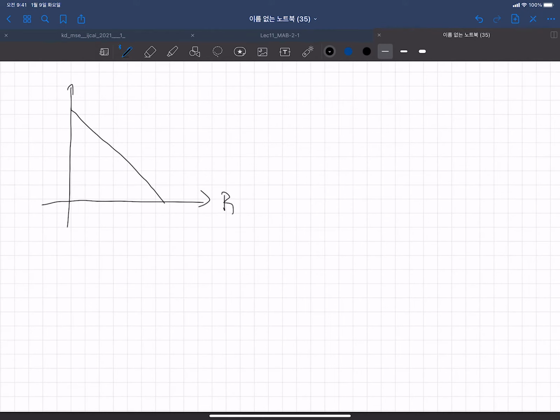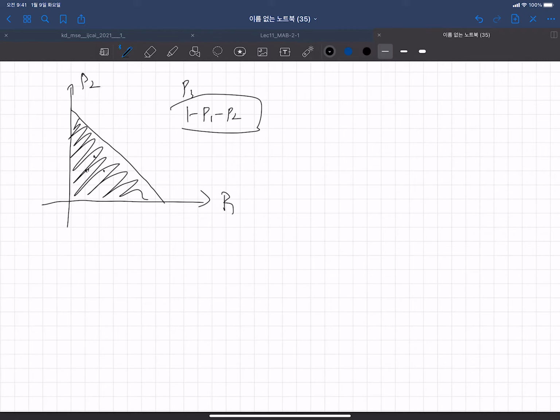So this is P1, this is P2, and this triangle area is the simplex of the 3-action case. Our remaining action, P3, is simply 1 minus P1 minus P2. So this element can represent every possible probability vector on 3 different actions.